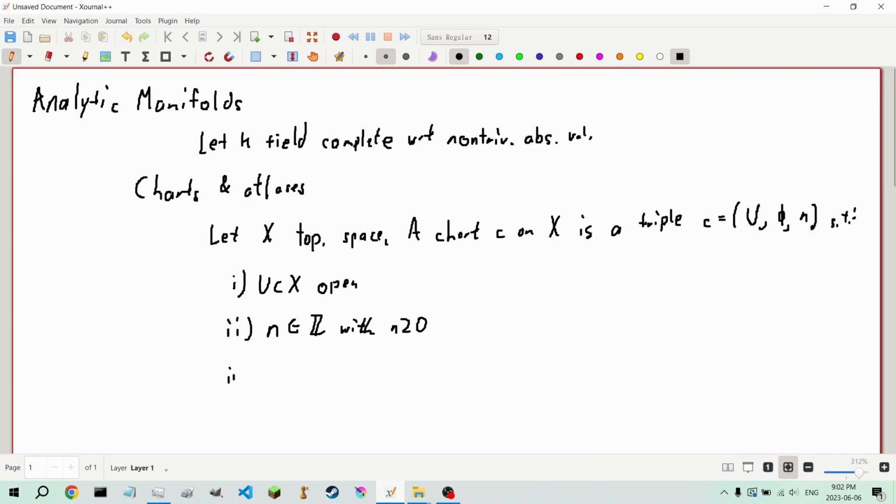And thirdly, we have that phi, from U, our open set, to its image phi U, which is a set in K^n, and this set is open, and phi is a homeomorphism.